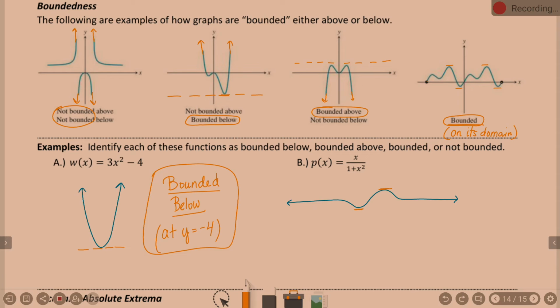You got a mountain and a valley. Those are your points. So the idea here is my graph never goes above this point, never goes below this point. Doesn't matter how far I look. It's never going to go past that. So this is what we call bounded. It is bounded both above and below. Or your book would say bounded on its domain.